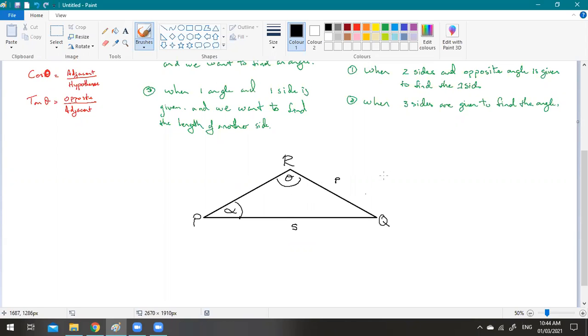So the sine rule, anybody could tell me what the sine rule will be in terms of P, Q, and R?